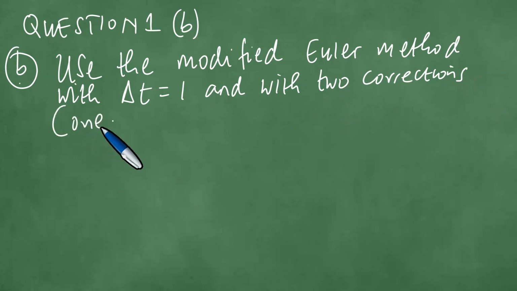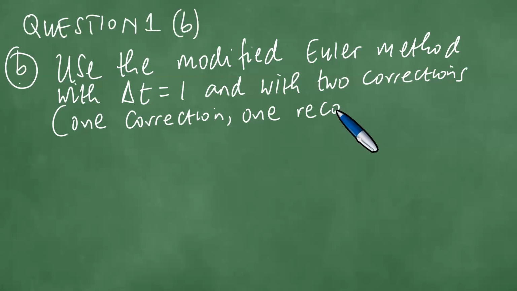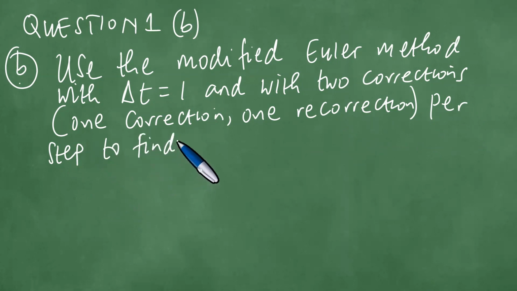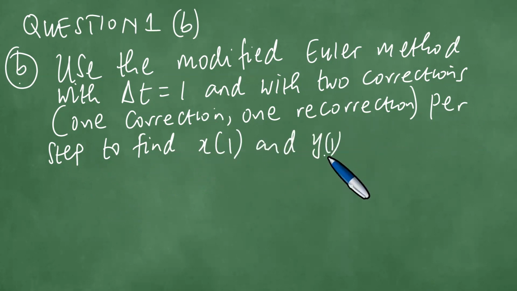And the two corrections mean that there is one correction and then there is one recorrection, like so. And this is per step to find x at 1 and y at 1. Okay, so it's the same as the previous one in the sense of now you just need to get two answers there.